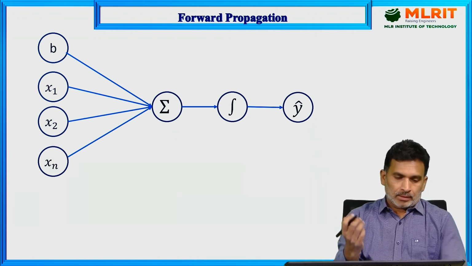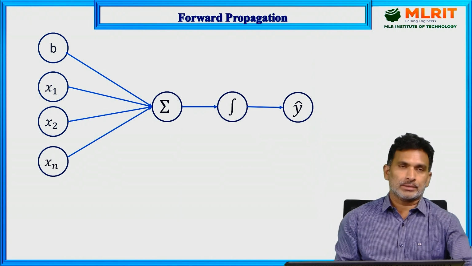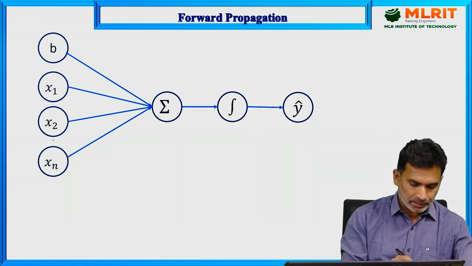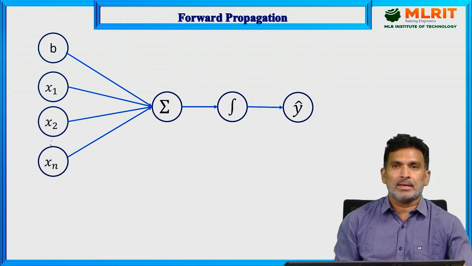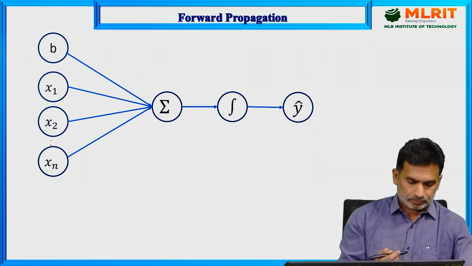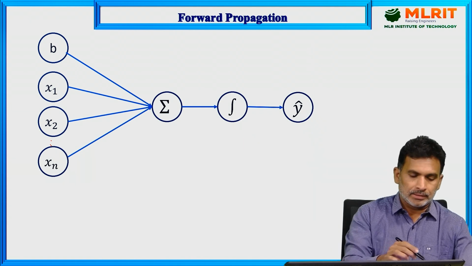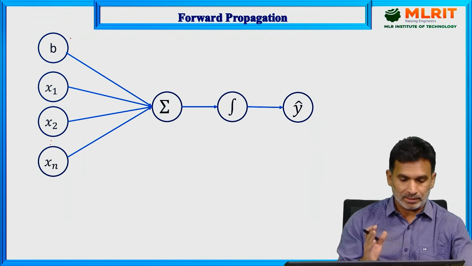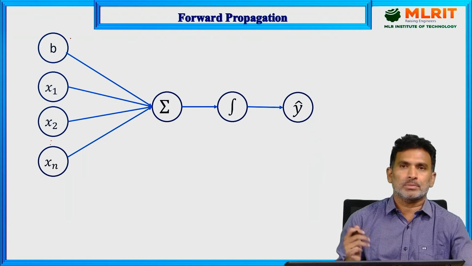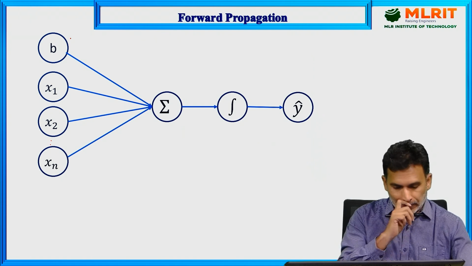Here you can see there are inputs, let us say x1, x2 and so on, xn, and there is a term called bias. So we discussed what a bias is. Bias is mainly used to shift the activation function.